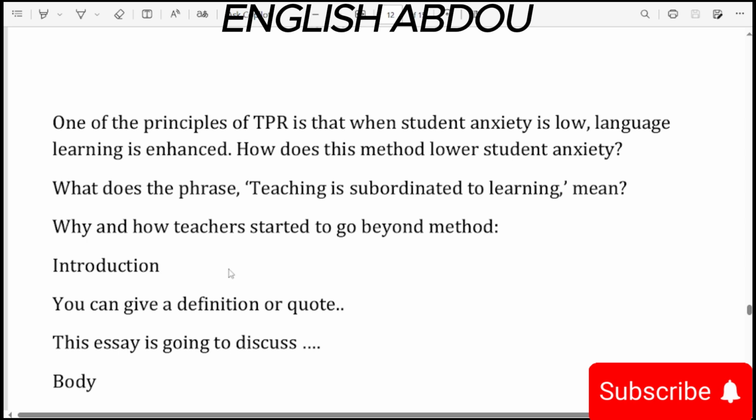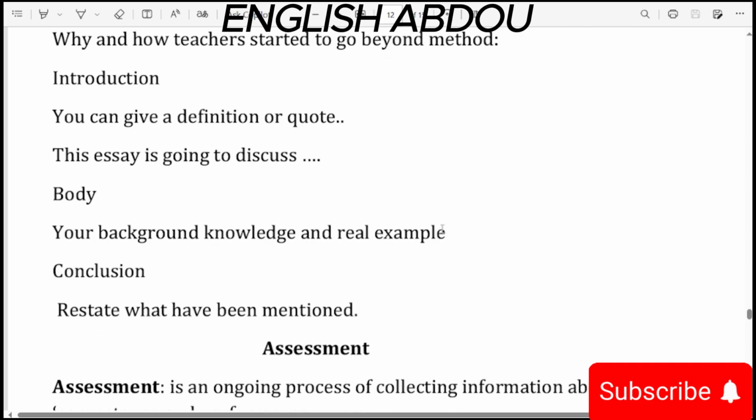So this essay is going to discuss the differences between the grammar translation method and the direct method. Then the body: your background knowledge and real examples.